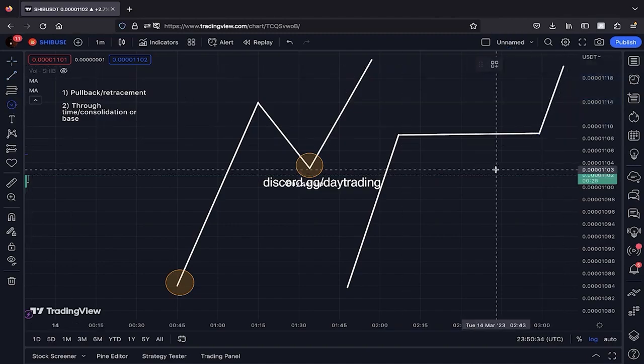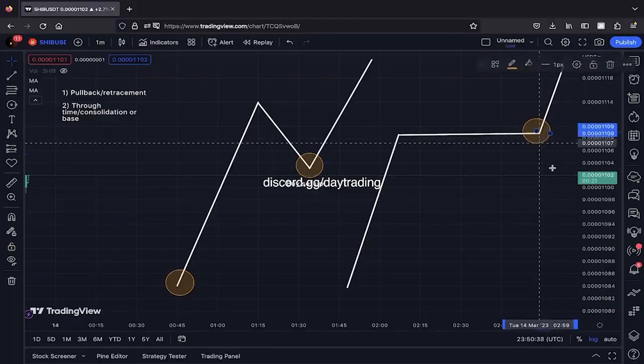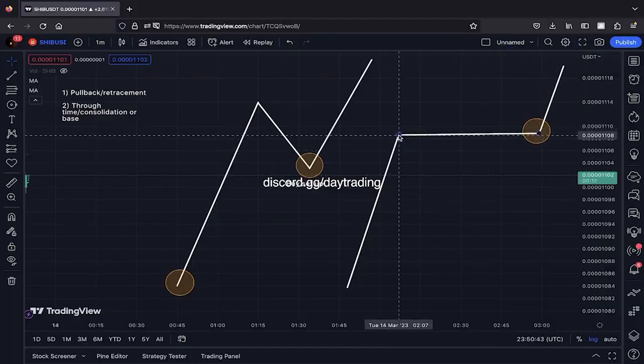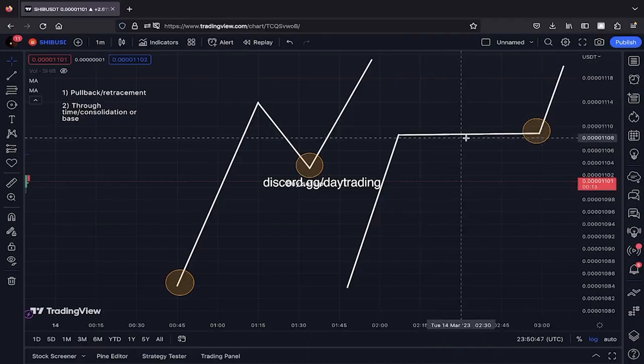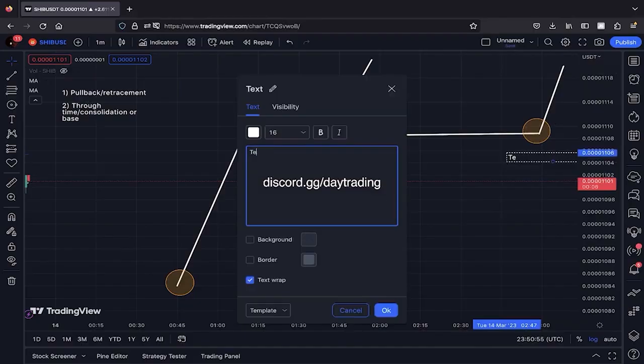And our goal, right? Our goal is to buy it as soon as it breaks out of that base, right? After, as it's consolidating, right when the price correction has finished, our goal is to buy it at this point and enjoy the move higher. And this strategy is called a breakout.